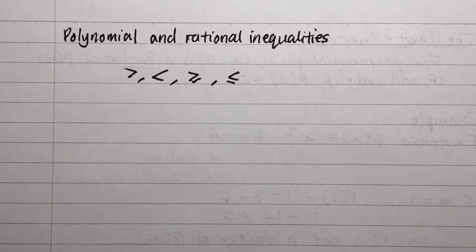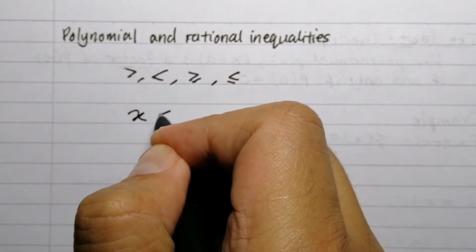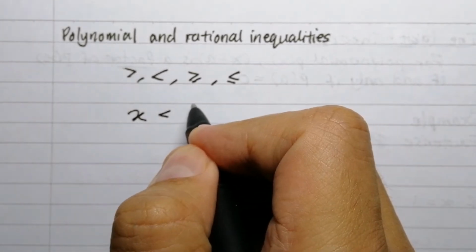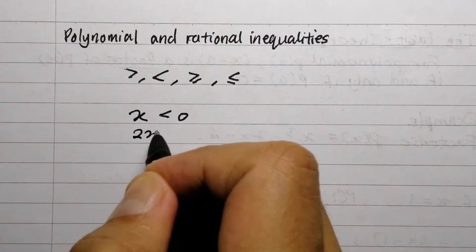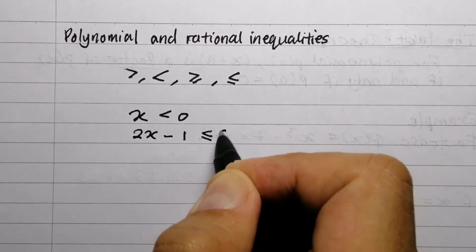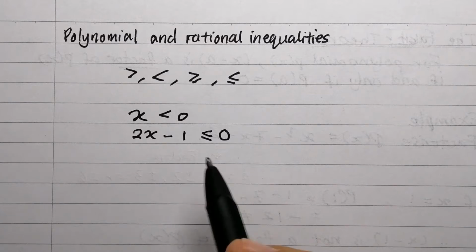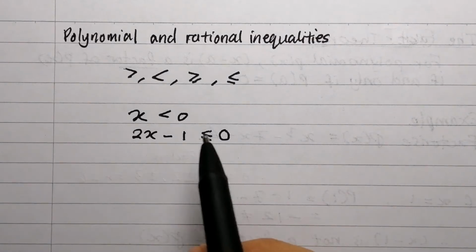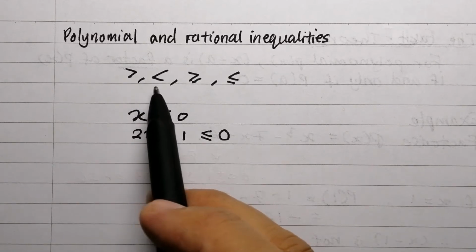Look at the examples: x less than 0, 2x minus 1 less than or equal to 0. So the relations in the examples are known as inequalities.